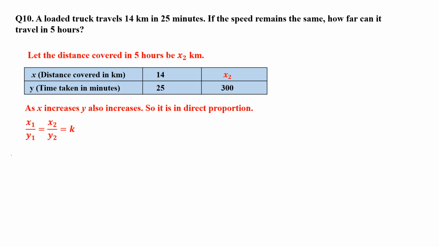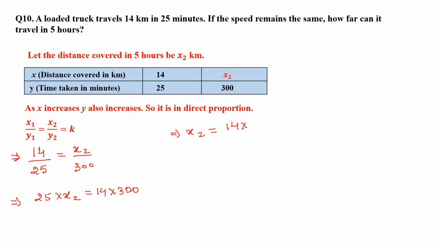So from here I can write 14 by 25 will be equal to x2 by 300, and now cross multiply it. So 25 into x2 is equal to 14 into 300, and the value of x2 is going to be 14 into 300 divided by 25.